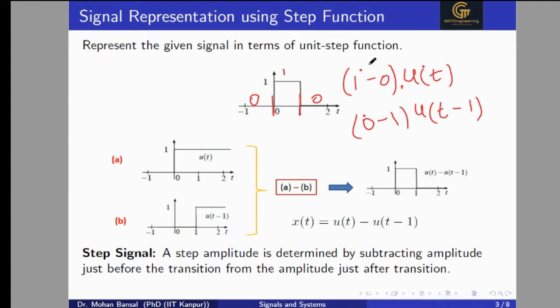Here we are getting u(t), and here we are getting minus u(t minus 1). We add both signals to get our desired function for the given signal. So the function can be represented by u(t) minus u(t minus 1).